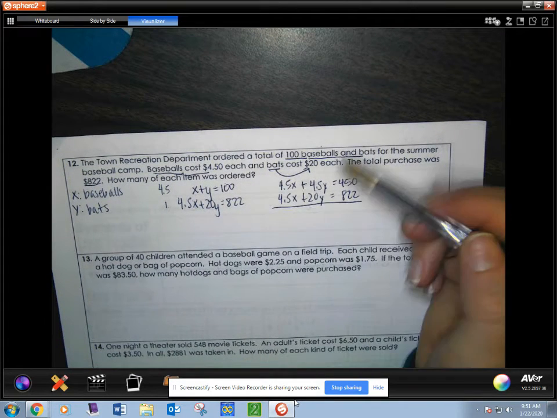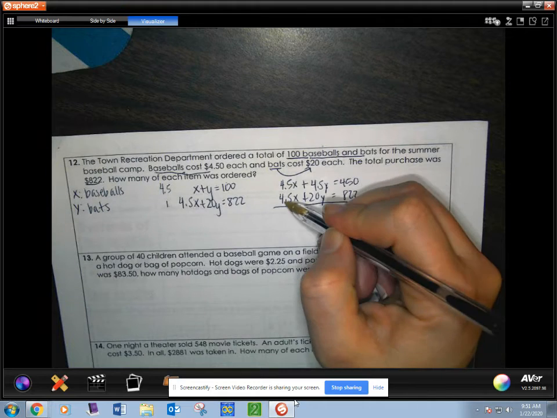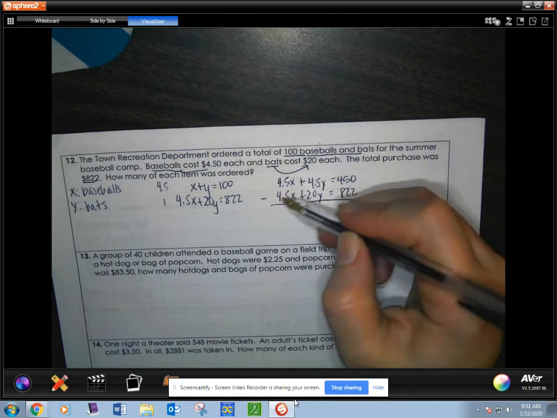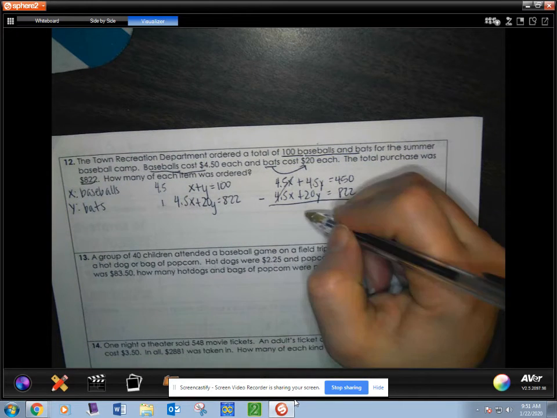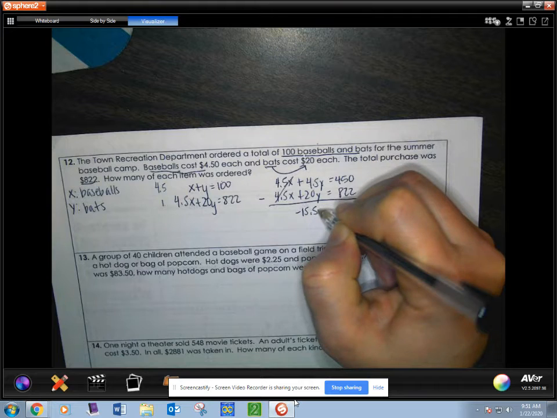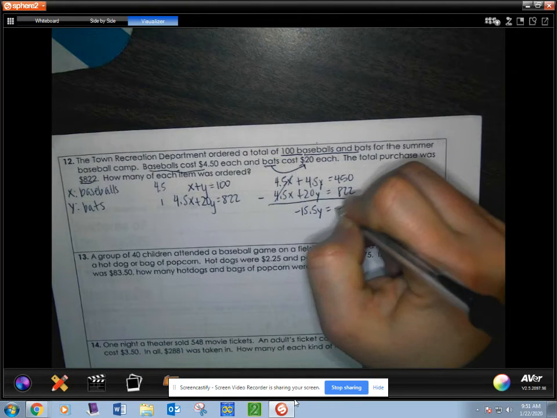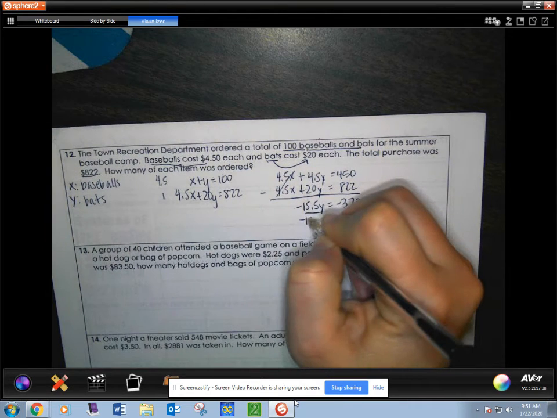Since my x's are now the same, if I add them, they don't become 0, so I need to subtract. So 4.5 minus 4.5 cancels. 4.5 minus 20 becomes negative 15.5y. And 450 minus 822 becomes negative 372. To get y by itself, I divide by negative 15.5.